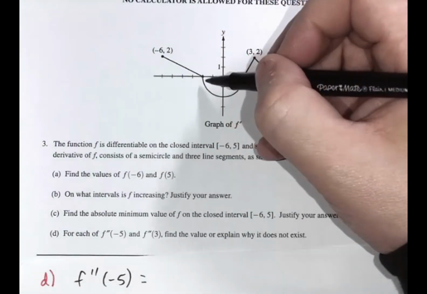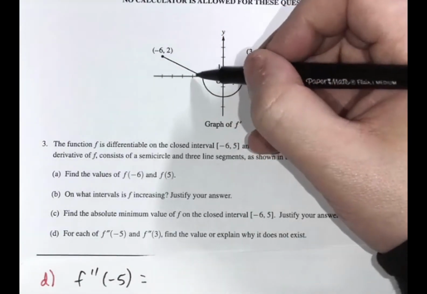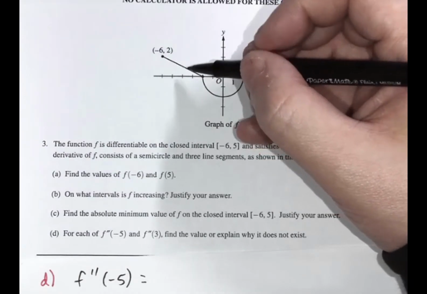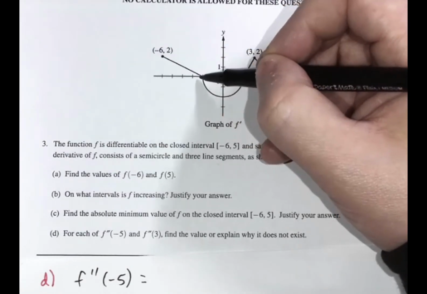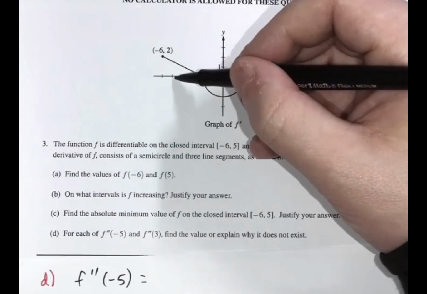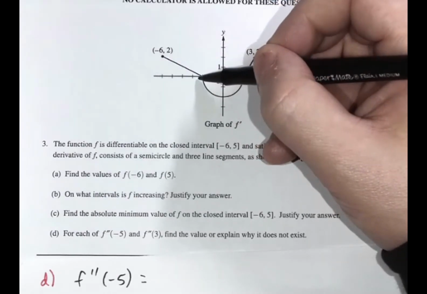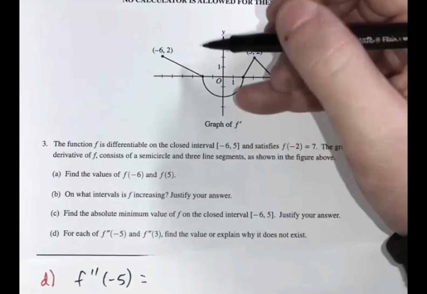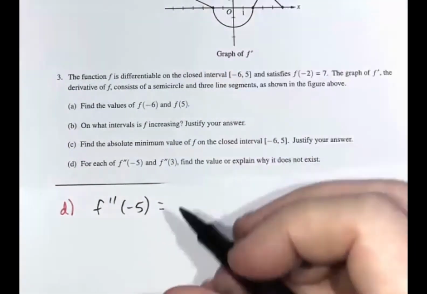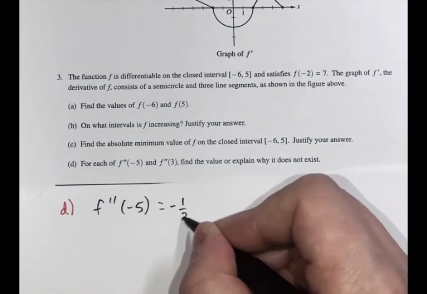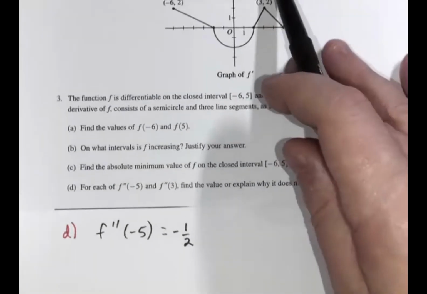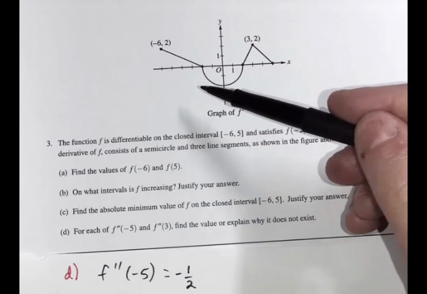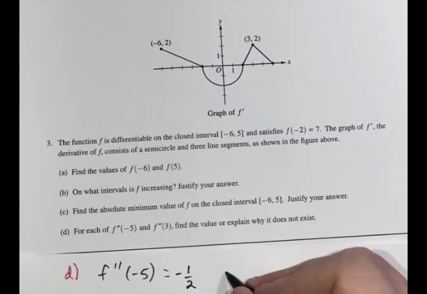Notice that the function f prime is a line, and what is the slope of that line? It's going down 2 over 4. 2 over 4 is 1/2, so f double prime of -5 is -1/2, according to the picture. The derivative of a line is just its slope.